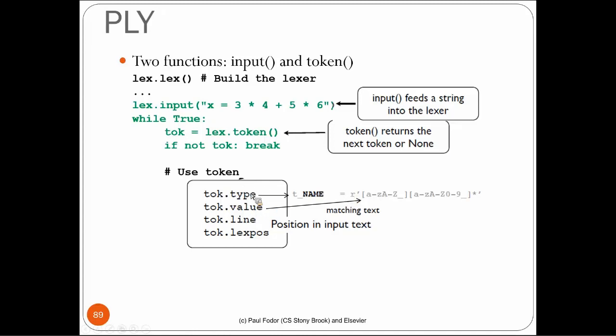Type, which gives us the type of the token, like name or number or plus, and so on. The matching value, which in the case of a name or ID is a string, and in the case of a number will be a number. The line number and the position within the current line.